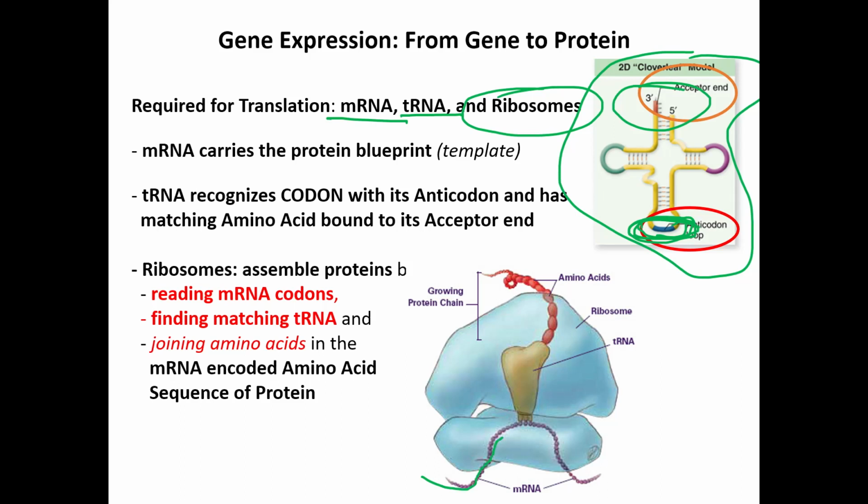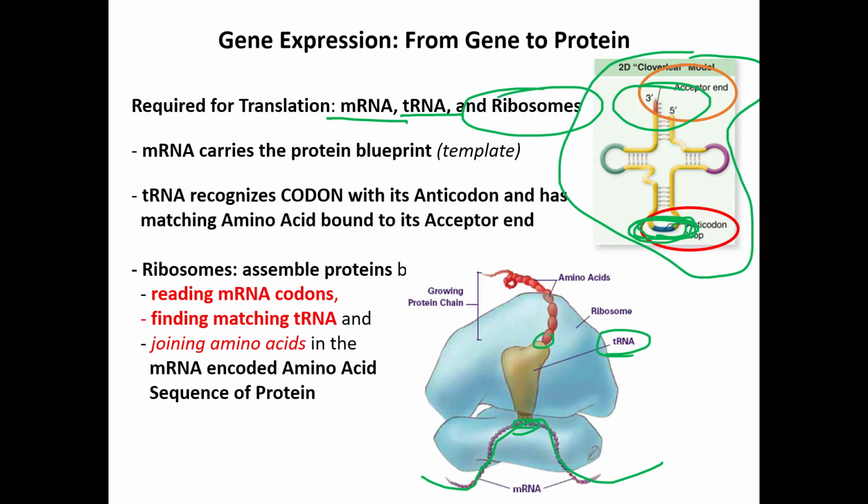So here the ribosome runs down the messenger RNA strand and finds the matching tRNA for one of the codons on the messenger RNA, and if that matching tRNA is found, it will attach the encoded amino acid to the already existing amino acid chain.